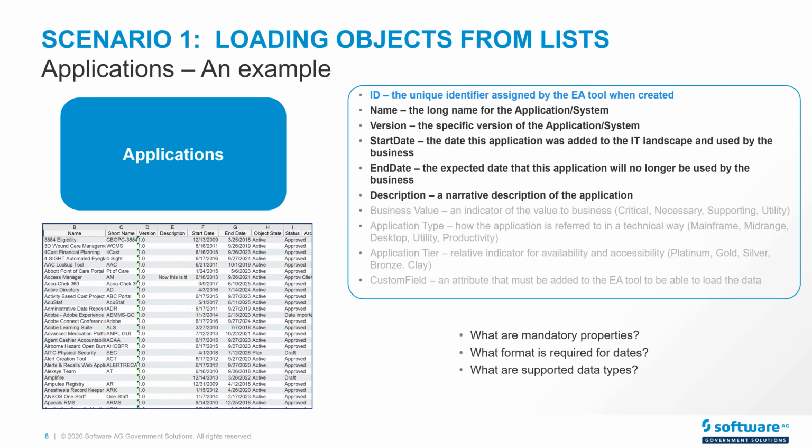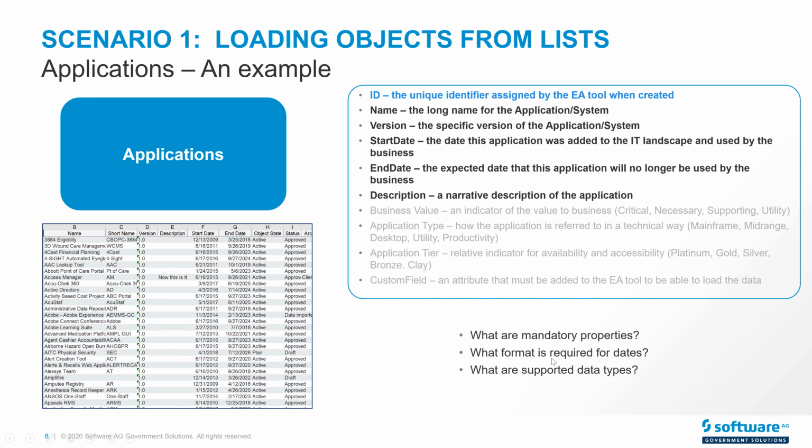End dates are always expected, they're not absolute. Descriptions are always nice. If I include the description as part of your mandatory attributes, I say, please describe it in something that somebody can read and make sense of, not "this is the accounts receivable application." That doesn't tell me a whole lot. Some of the things we'll see is we'll get data in an Excel format.